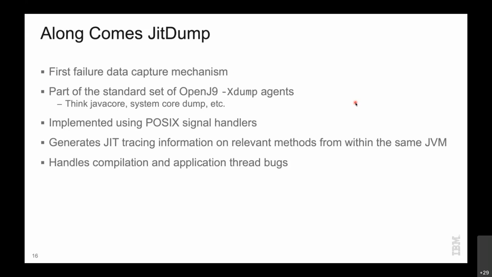What JitDump does is, when we detect a failure that could be related to a JIT bug, we go ahead and recompile that method and generate JIT tracing information and dump that onto the disk. The type of tracing information that we can obtain depends on where the problem occurred, so it can handle both compilation and application thread bugs. And we'll see this in a demo shortly.